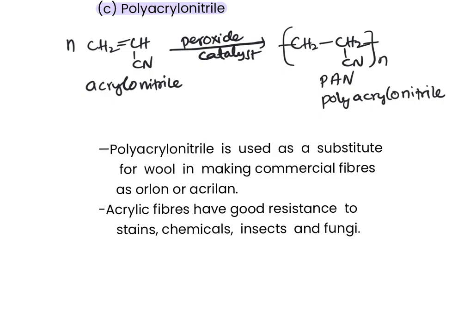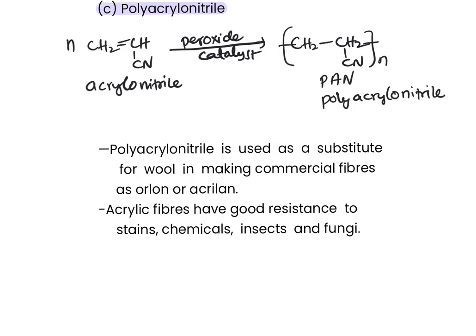Okay. Now, its uses and properties. 1. Polyacrylonitrile is used as a substitute for wool in making commercial fibers such as Orlon or Acrilan.